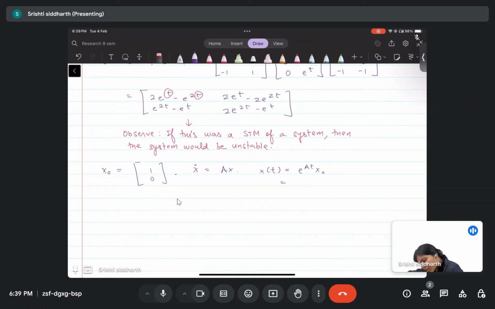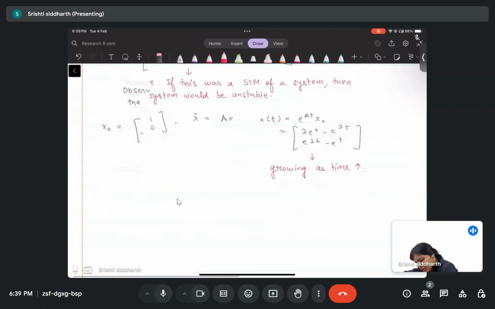With this initial condition, we just have the first column, so 2 e to the power t minus e to the power 2t, e to the power 2t minus e to the power t. And this is just growing as time increases. So therefore, the system is not stable.